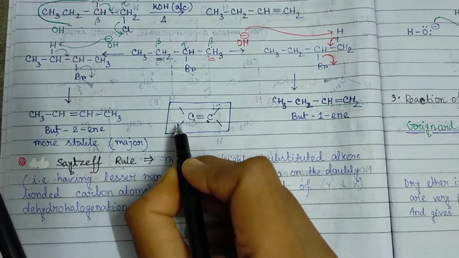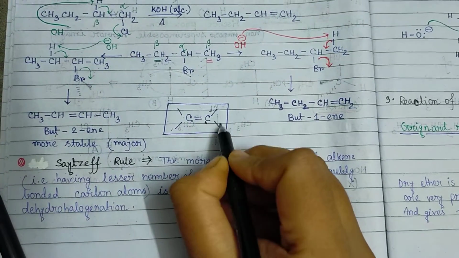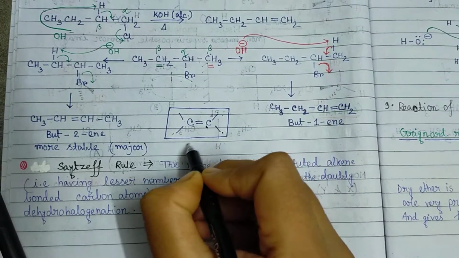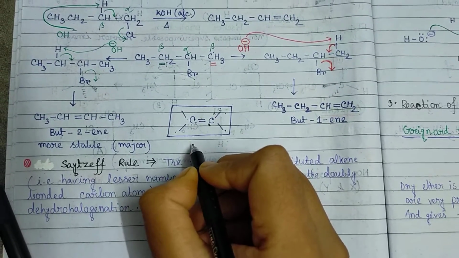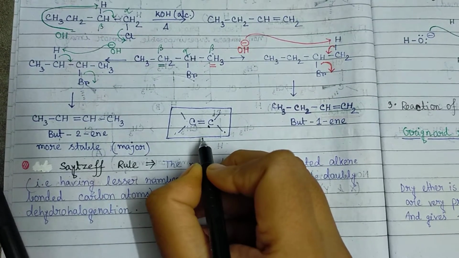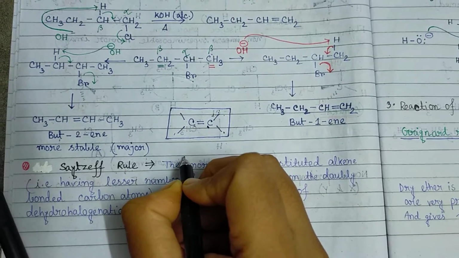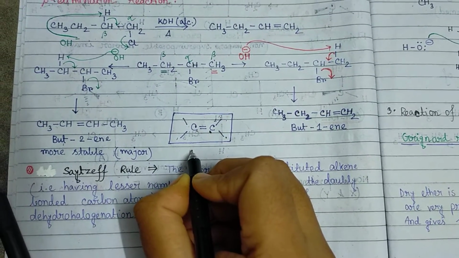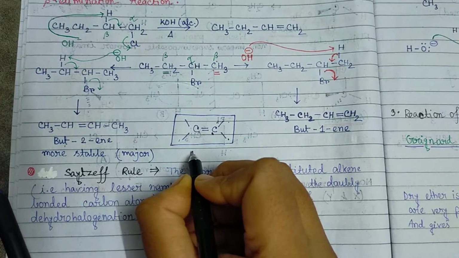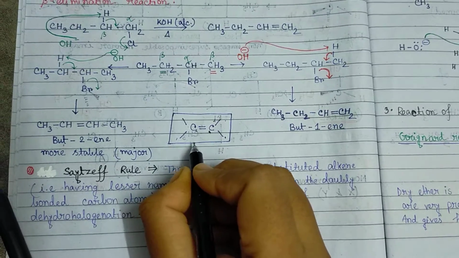But if in any product there are fewer hydrogens and more groups like methyl, ethyl, alkyl groups, then that is called a double bond with more substituents. So according to Saytzeff rule, the more substituted alkene will be the major product.